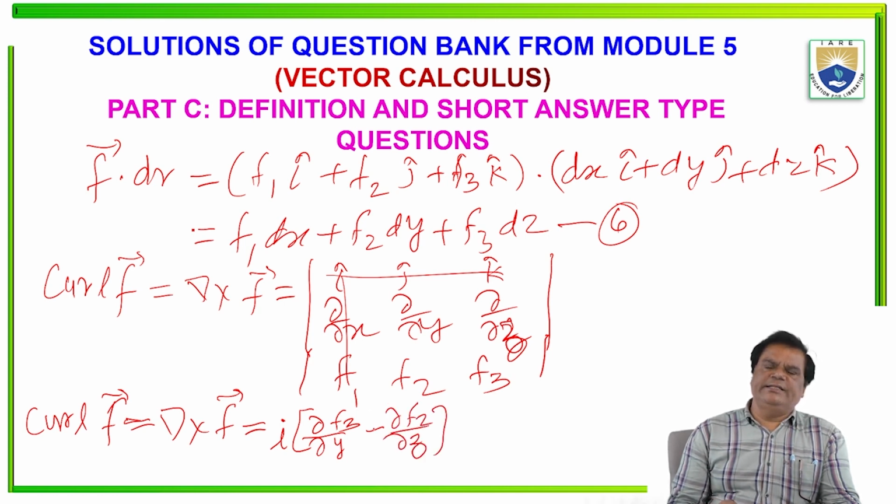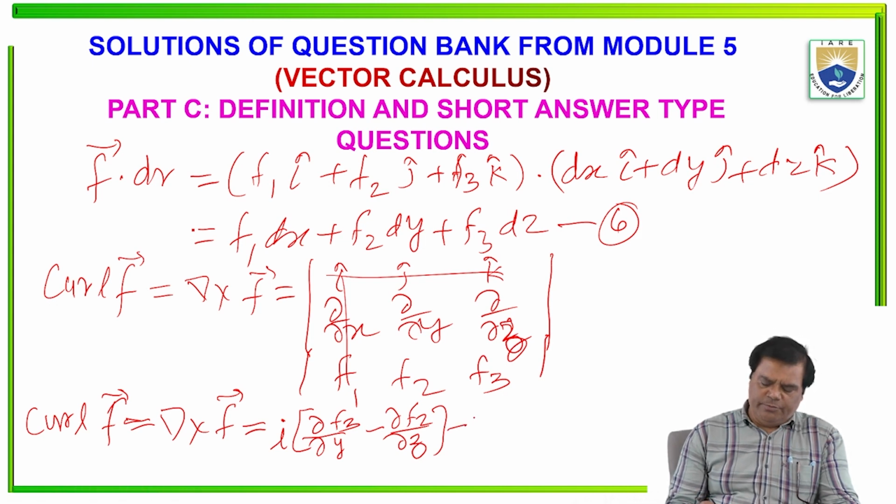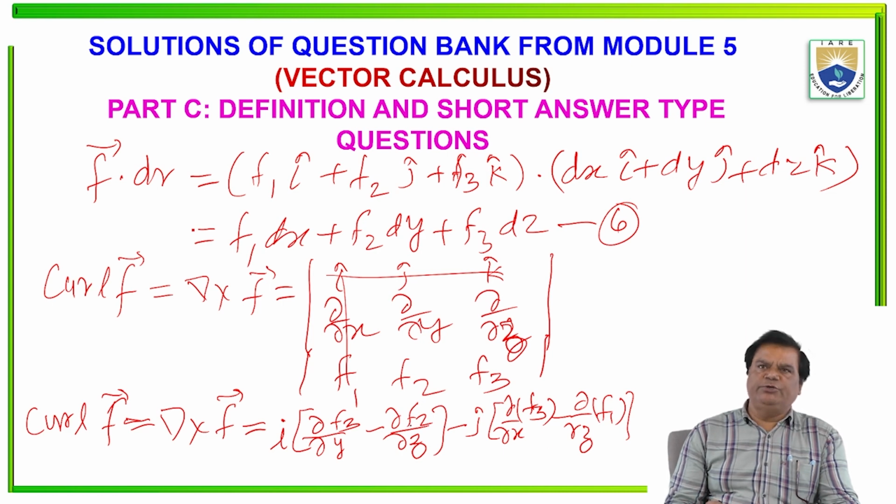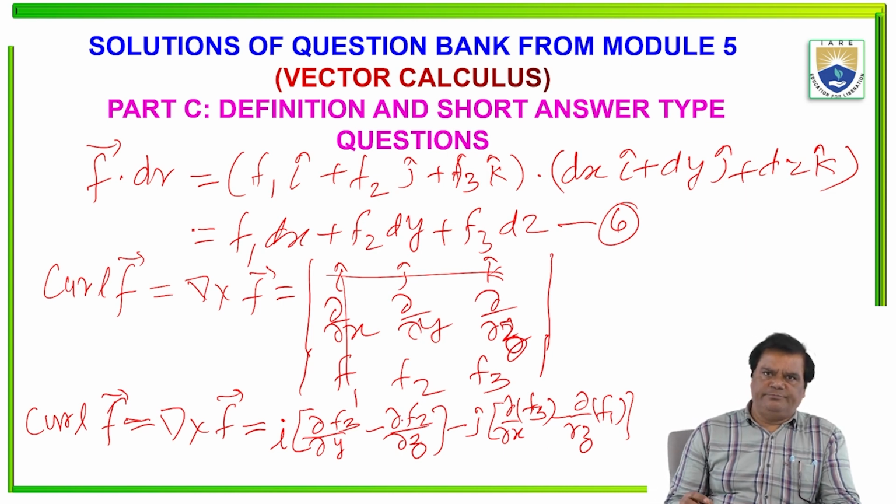In the first result i, there is no x and no f1. Minus j: second column, first row cancelled: dou over dou x of f3 minus dou over dou z of f1.